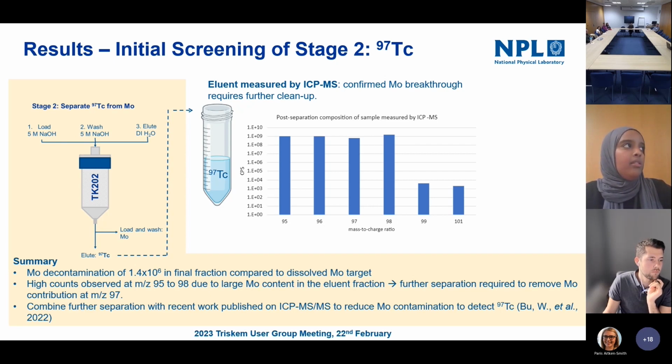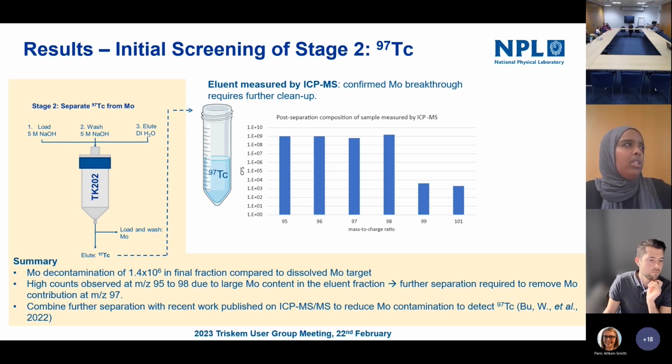So this needs to essentially be separated again, or we could look at another approach, maybe bulk cation exchange resins, to try and remove that before trying to do a measurement again.